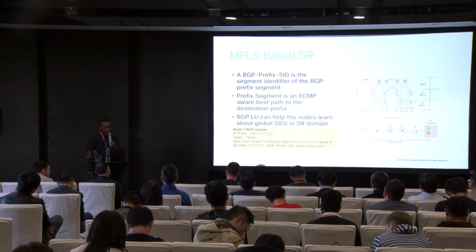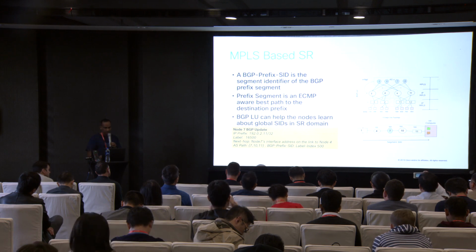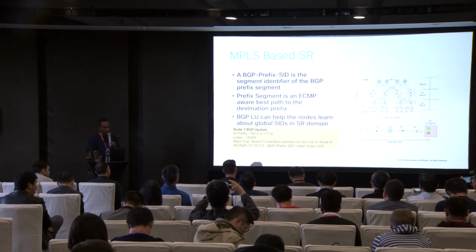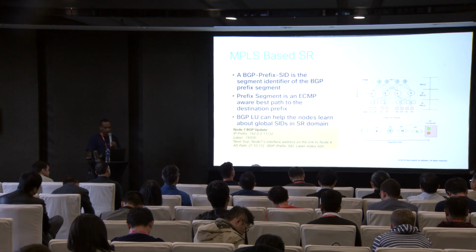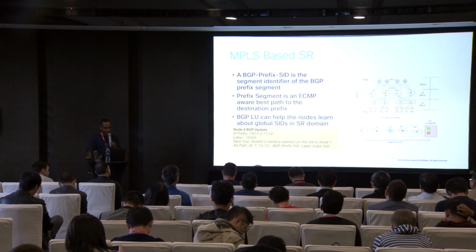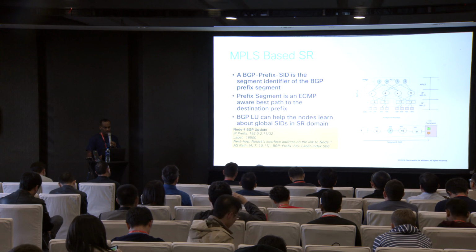That's one thing. And then it sends the update to node 7, and node 7 is going to tell, hey, to reach 10, this is the label, and it's going to advertise it to node 4, and this just happens again.